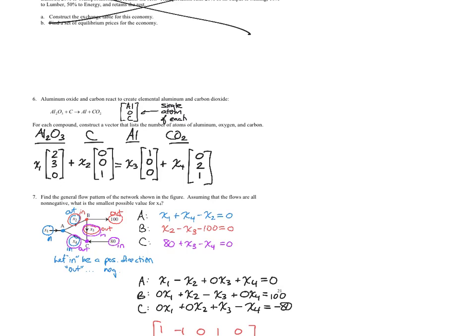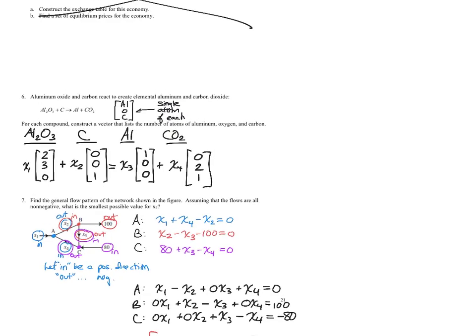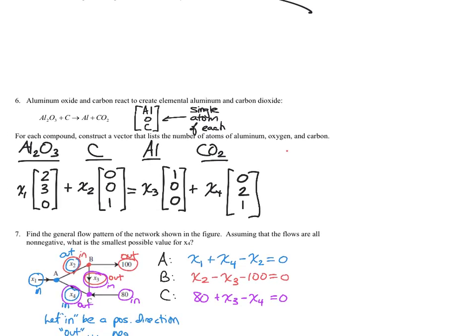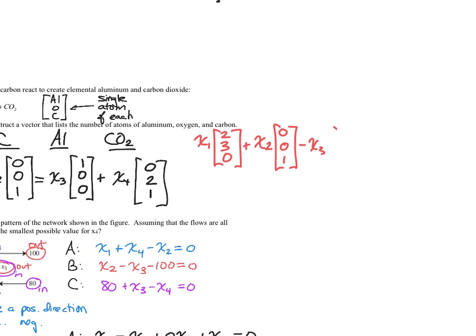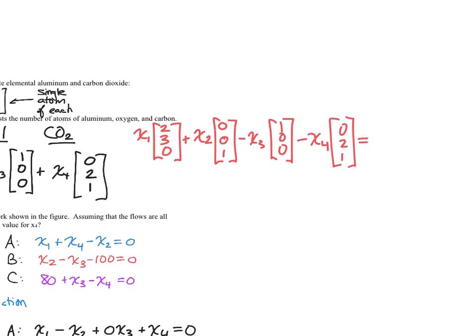So we're looking at x1, x2, then minus x3, minus x4, all equal to the 0 vector, making it homogeneous.